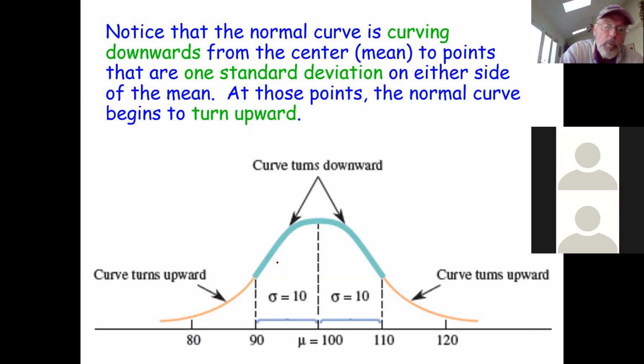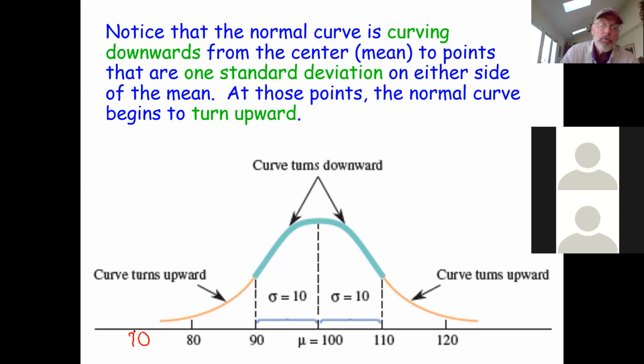If we went down to 80, that would be 2 standard deviations. Everybody see that? Okay, so how about 70? What are we starting to see? If we get through to 70, which is down here, that is 3 standard deviations away from the mean.